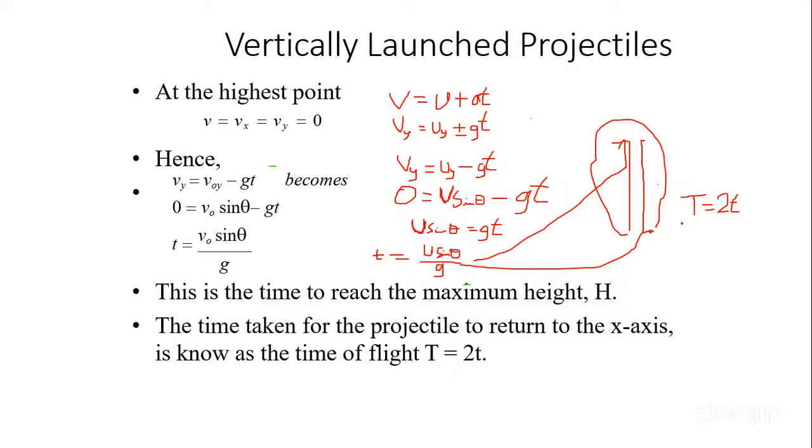So the entire time taken for the object to go up and come down, the time of flight, is equal to 2U sine theta over g. That is the time of flight.